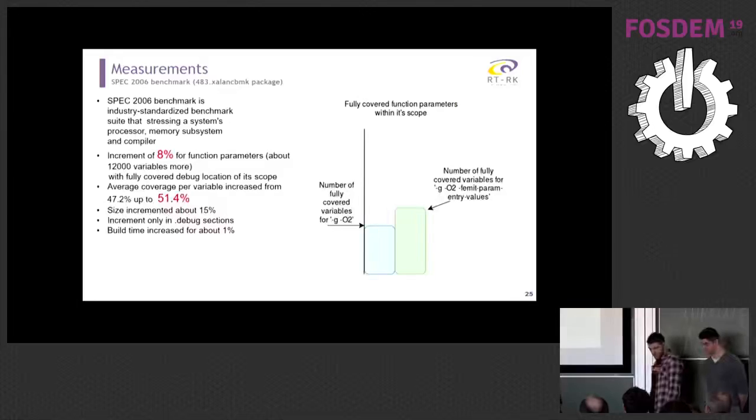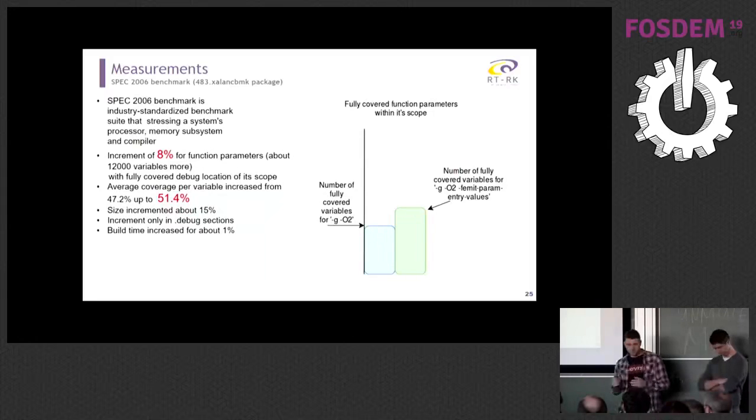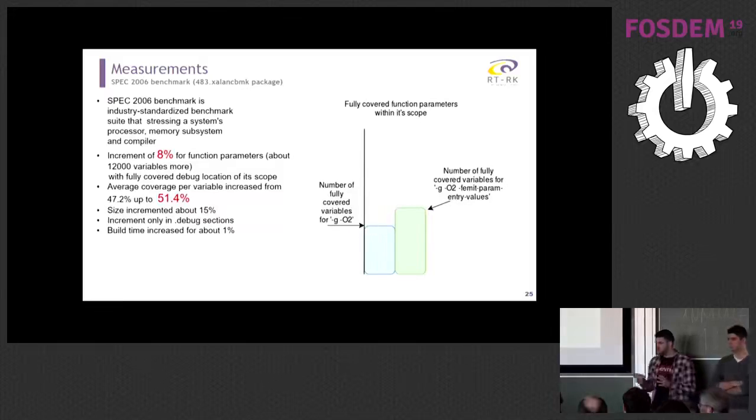Another example, yeah, we built the SPEC 2006 benchmark. It is a huge project designed to stress the processor, CPU, compiler, memory subsystem, and so on. It is a pretty standard test suite.